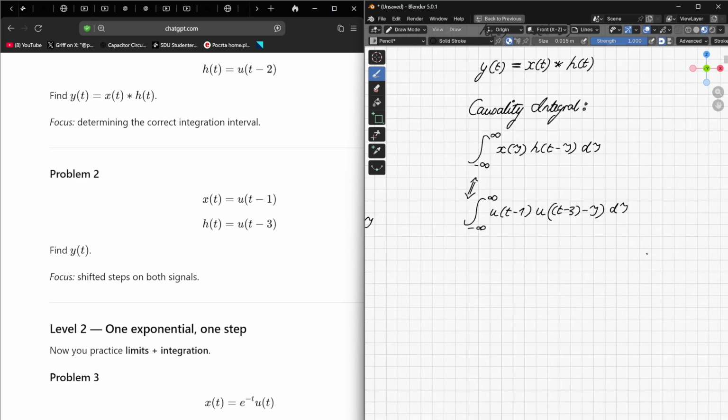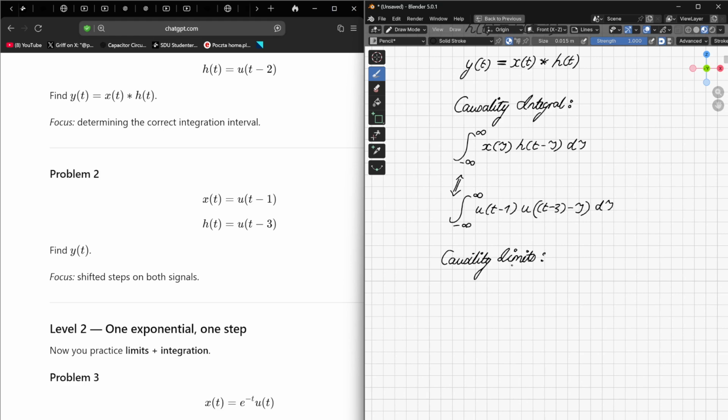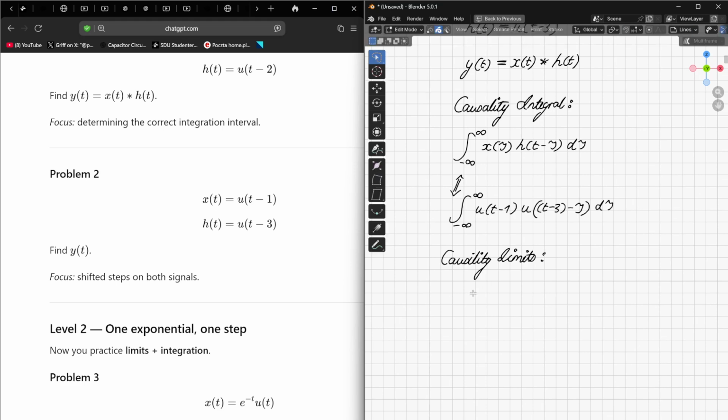And then we check for causality limits again. I spelled causality wrong. Oh well. Yeah, I mean, I don't see why I couldn't just do this.